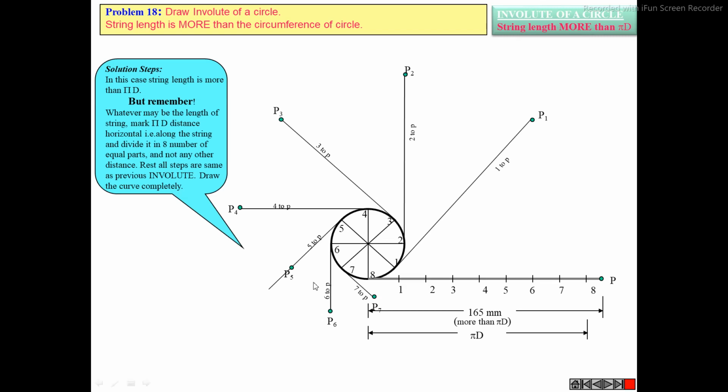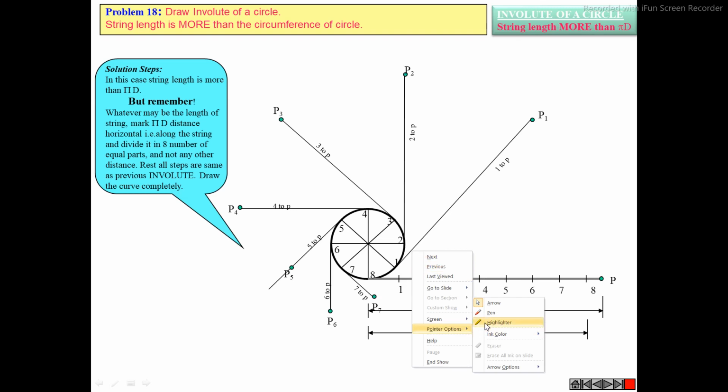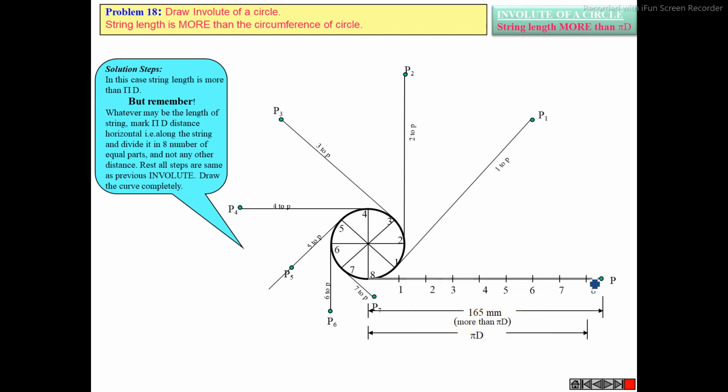So what we will do, we will take my compass, we will measure this much length 8P in my compass. I will place my compass at point 8, and on the tangent line passing through point 8, I will cut an arc of length how much? 8P. Say this is that 8P. Yes or no?